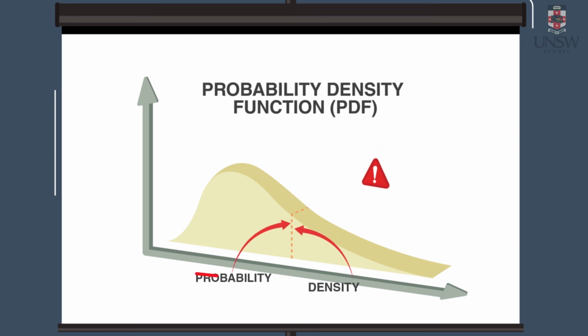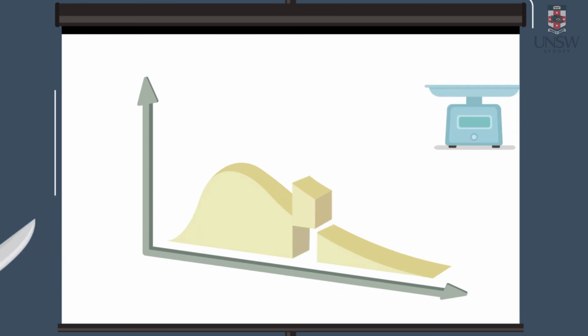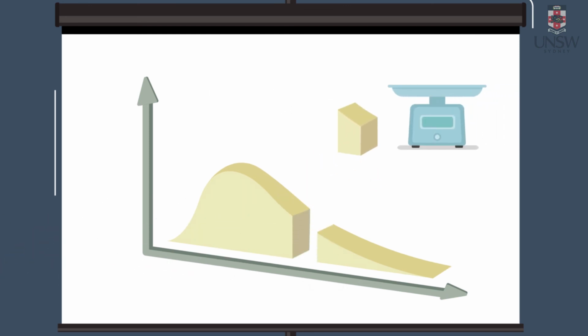Importantly, this height is a density, not a probability. A probability must still be a mass, even in presence of continuous outcomes. Therefore, one must cut a slice off the dough and weigh it to work out the probability associated to the range corresponding to the slice that was cut. In this example, the probability of an outcome is 15%.